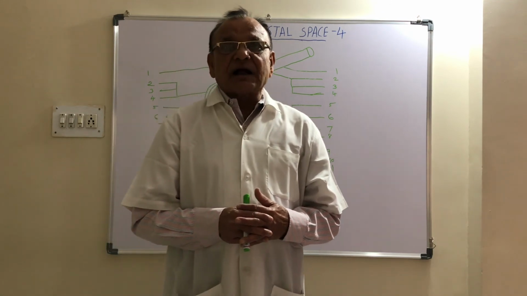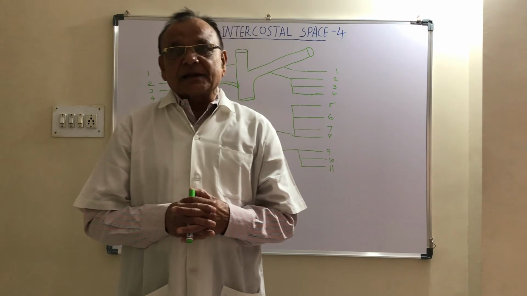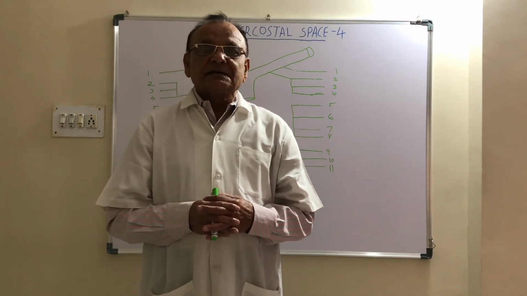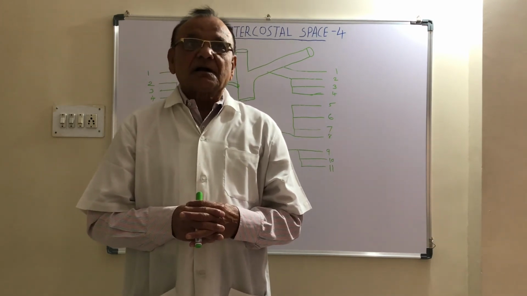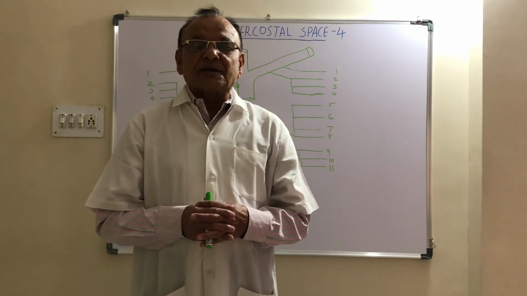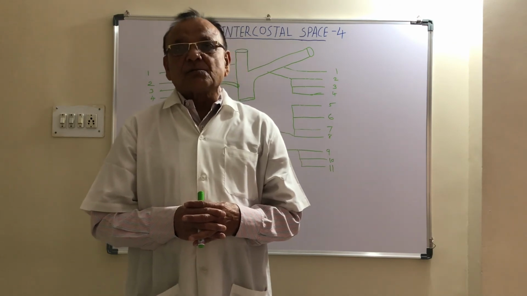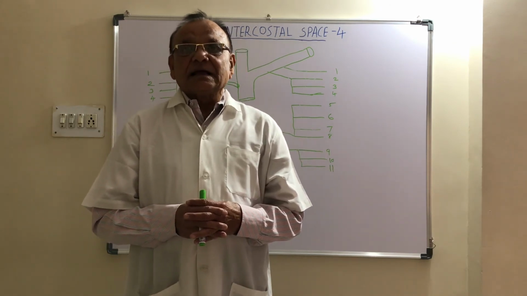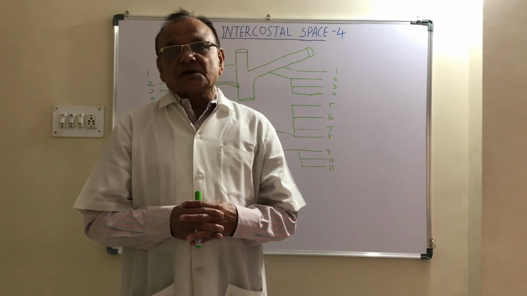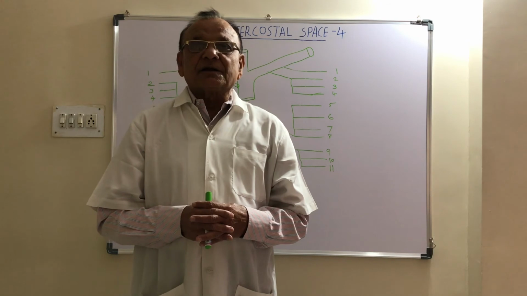The anterior intercostal arteries of the upper six spaces are branches of the internal thoracic artery. Similarly, the anterior intercostal veins of the upper six spaces open into the internal thoracic vein.